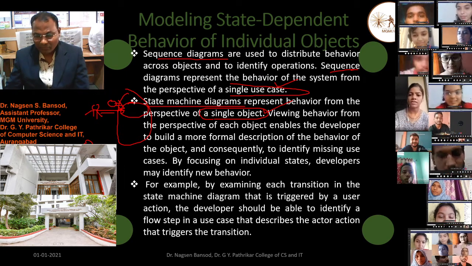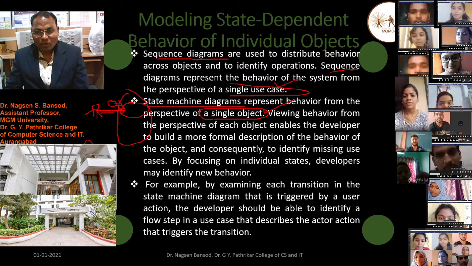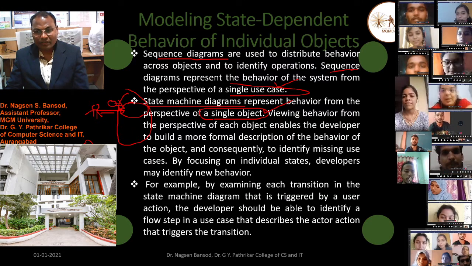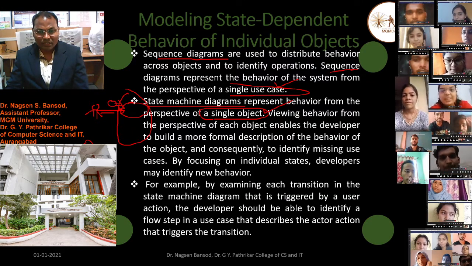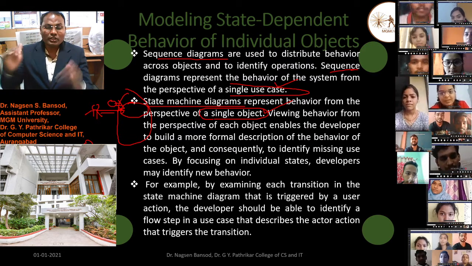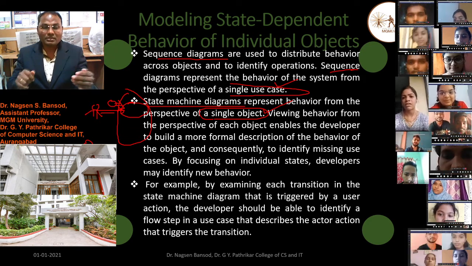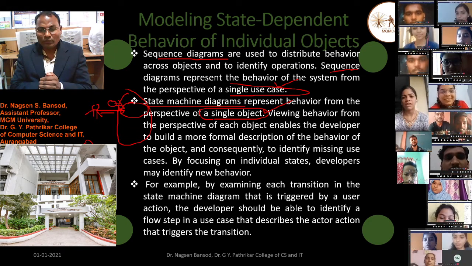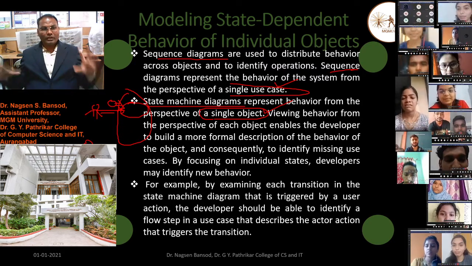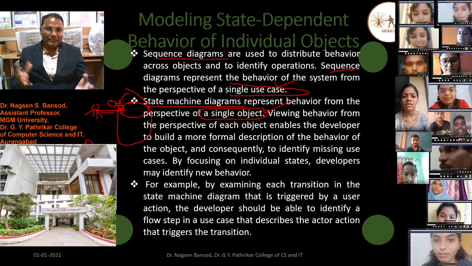You look at the figure, where it is shown how a transition in the state machine diagram is triggered by user action, and developers should be able to identify the flow steps in use cases that describe the actor's actions that trigger transitions.